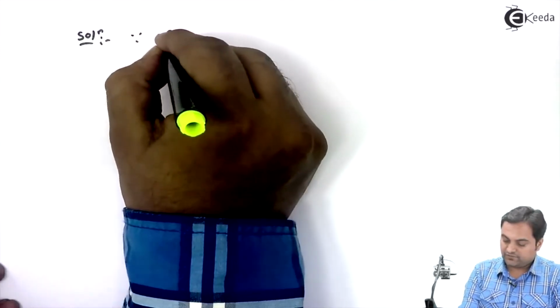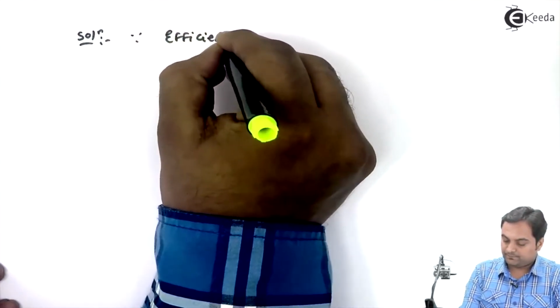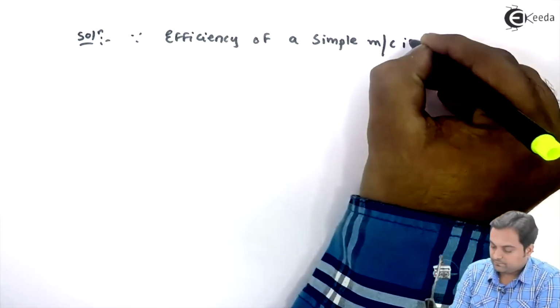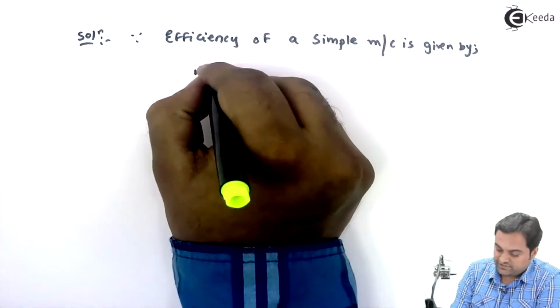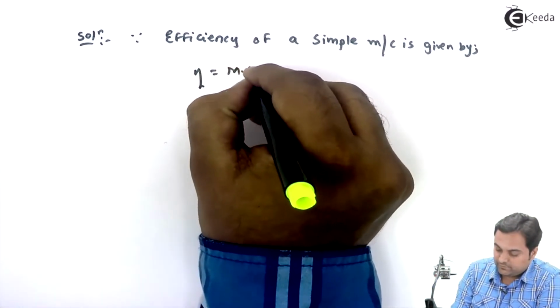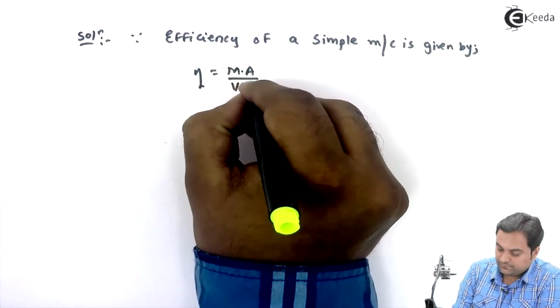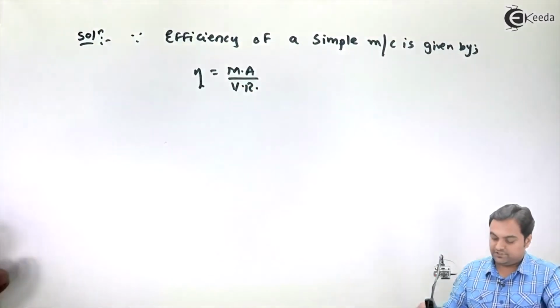solution. Since efficiency of a simple machine is given by efficiency is equal to mechanical advantage upon velocity ratio. I'll keep this as equation number 1.